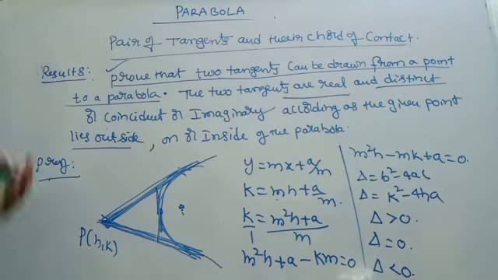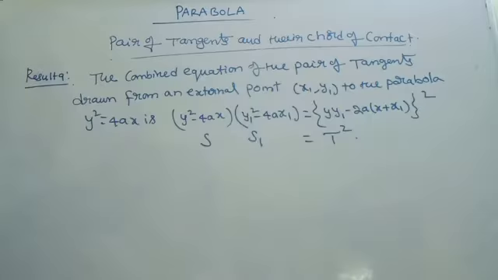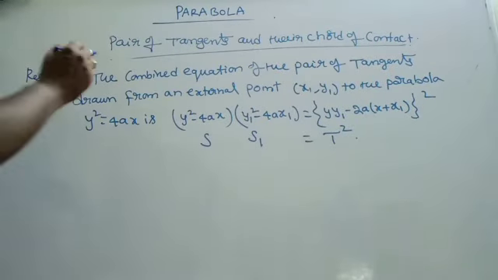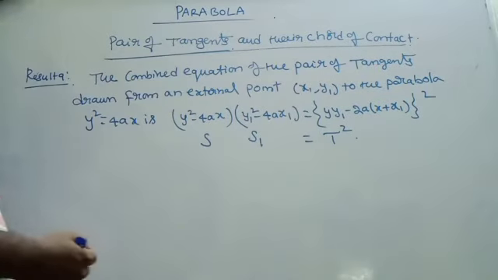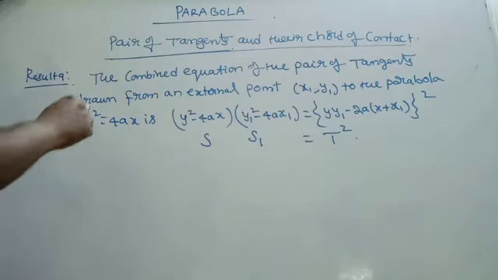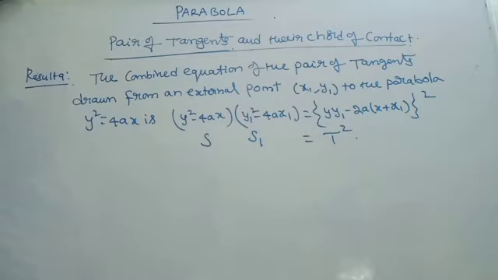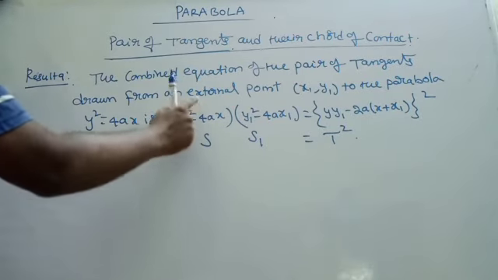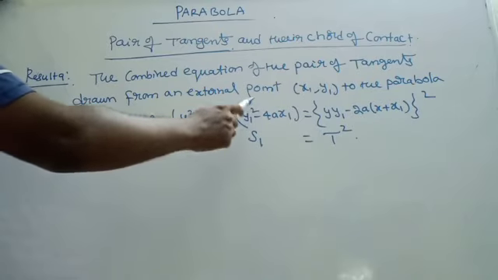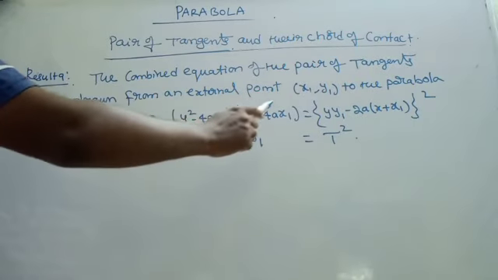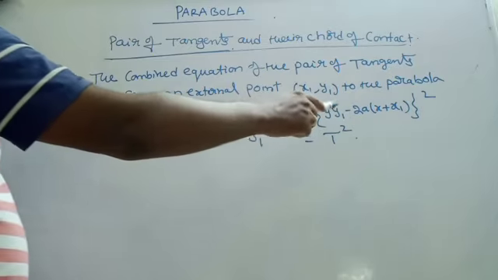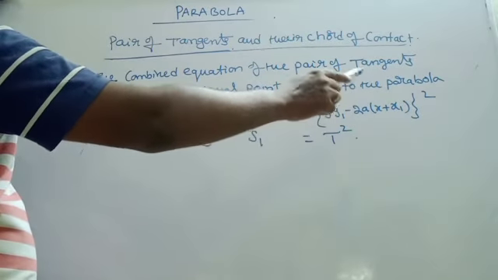My dear students, please observe. Now we have another important result, which is the combined equation of the pair of tangents. The combined equation of the pair of tangents drawn from an external point (x1, y1) to the parabola y² = 4ax is (y² − 4ax)(y1² − 4ax1) = [y·y1 − 2a(x + x1)]².